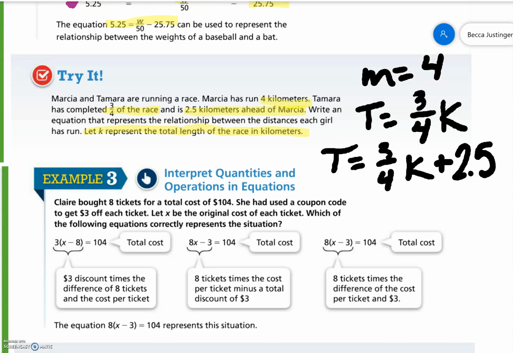So if we take Marcia's, it's going to be equal to, Marcia is 4. That's how far she's run. And she is subtracting 2.5.